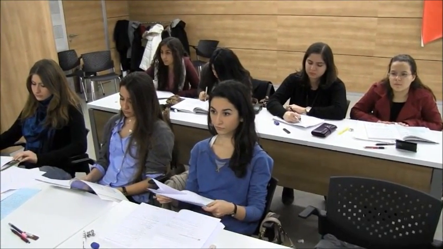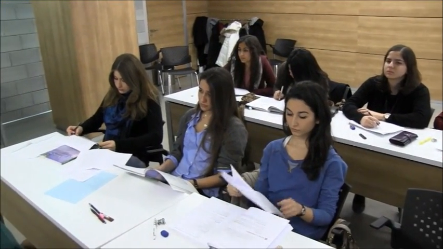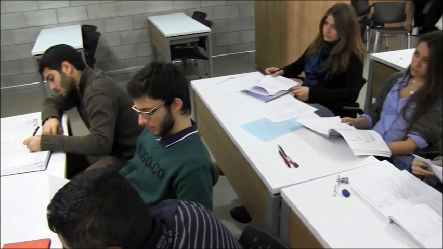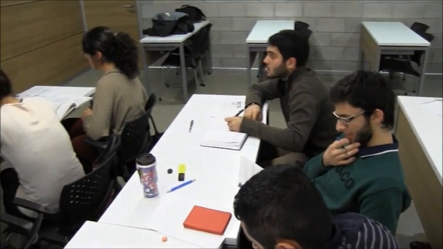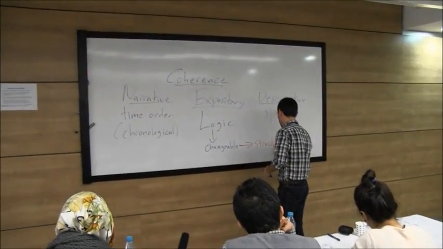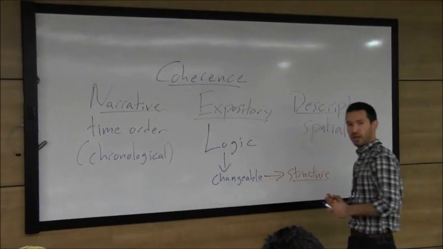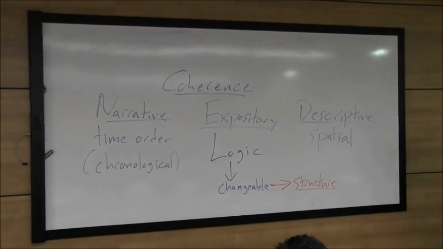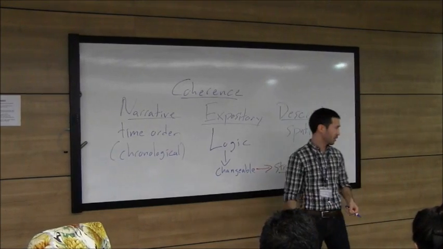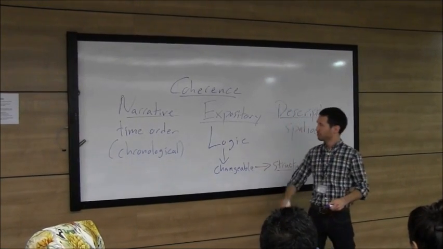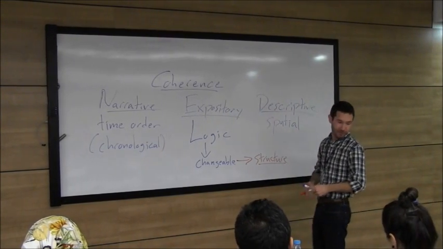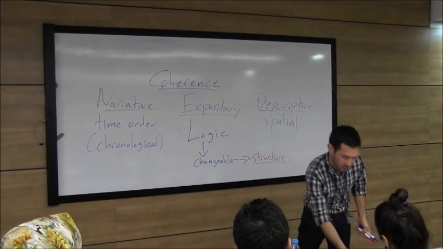Logic, changeable, and thus we need structure. It is very clear. Descriptive, head to toe. Narrative, start to finish. Logic, well, I don't know. There is no map for logic.